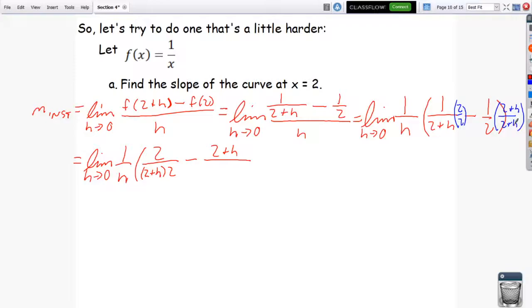I know that multiplication is commutative, so I'm just going to put it in the same order so that these guys look the same, because now I can clearly see that I have common denominators.